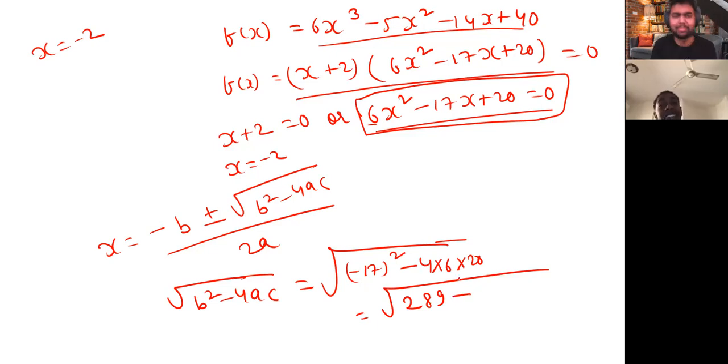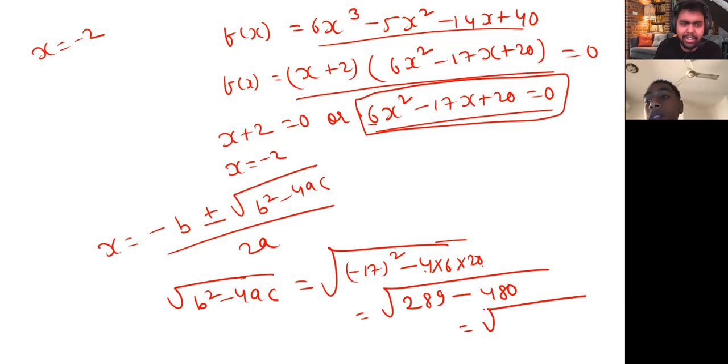Okay, now try to solve this. Minus, it would be 480. 4 times 6 times 20, that would be 480. And when I subtract this, see, this question is very easy, I think.